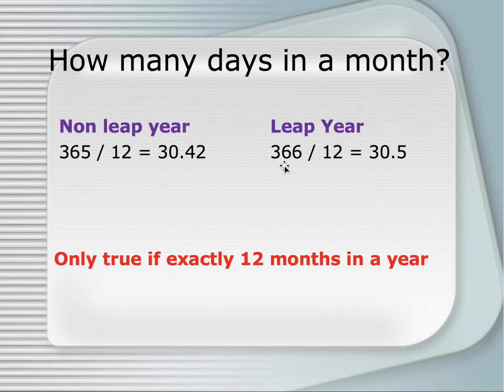In a leap year, 366 divided by 12 is 30.5. So how many days in a month? Well, the answer is not 30.42 or 30.5. It would only be those values if every year were exactly 12 months. But that, of course, is not the case. So how many days in a month?